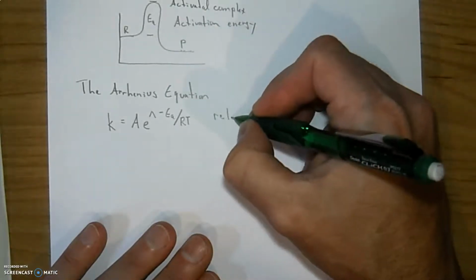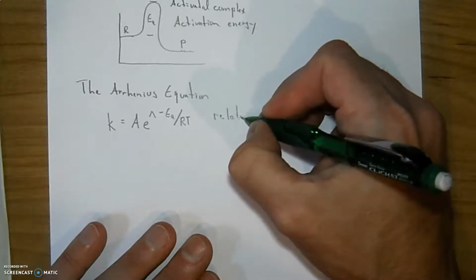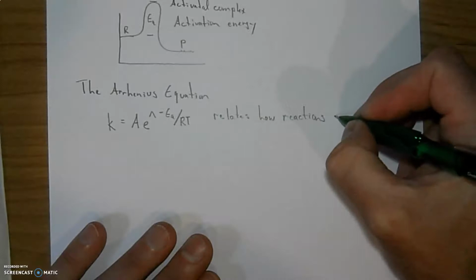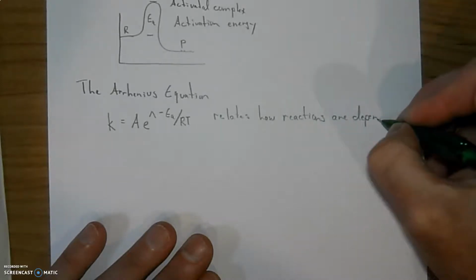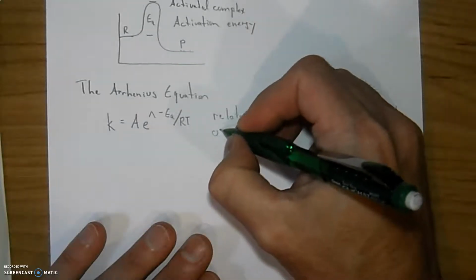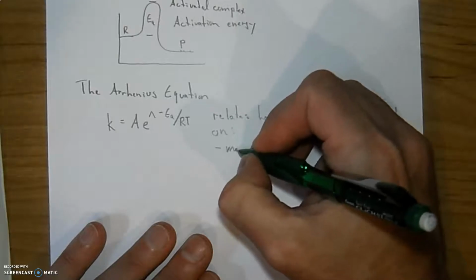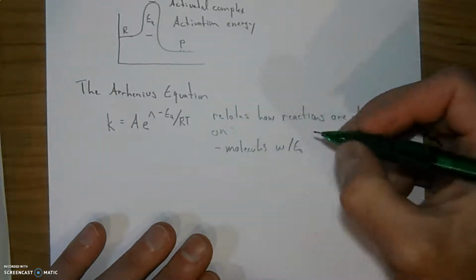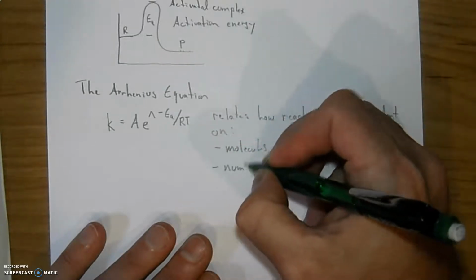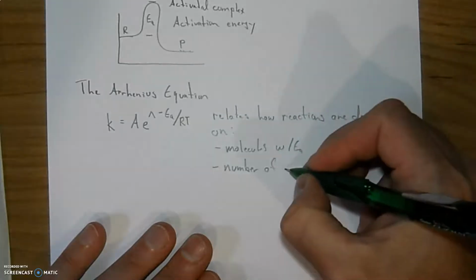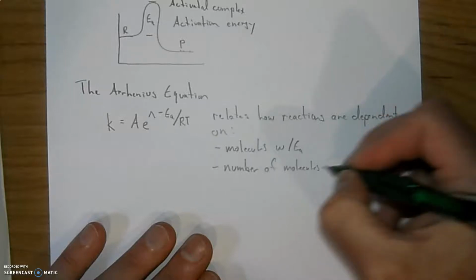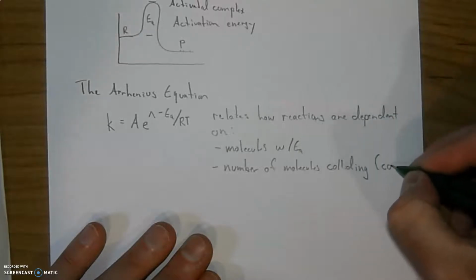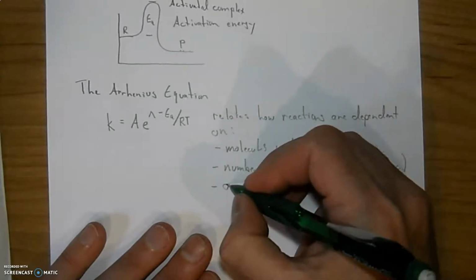But we'll start off saying what this does is it relates how reactions are dependent on molecules with enough activation energy, the number of molecules colliding, and for that we're talking about concentration, and orientation.